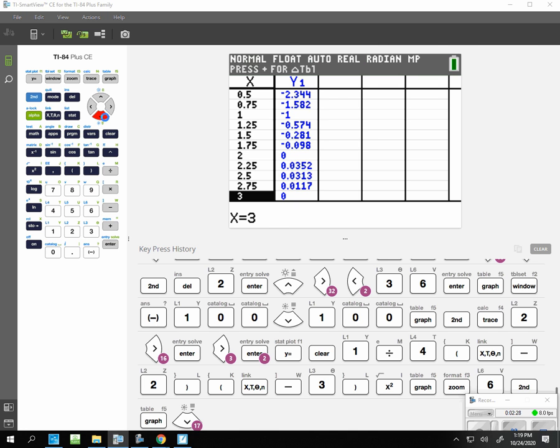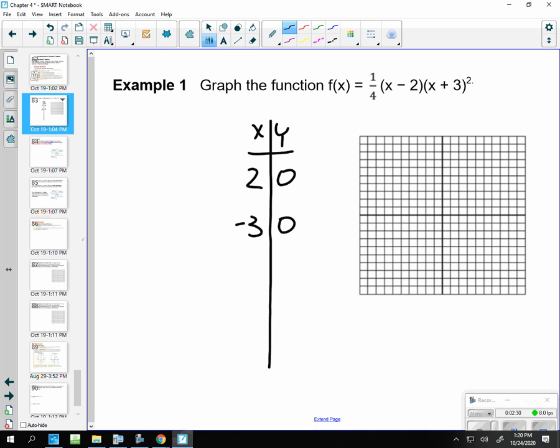So it goes up, goes across just barely, it touches, and then goes up. Again, it's not a great picture or a great analysis here, but ultimately you can graph these functions using points that the graphing calculator would give you.